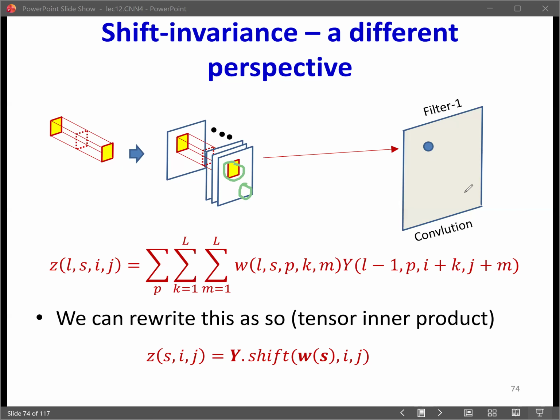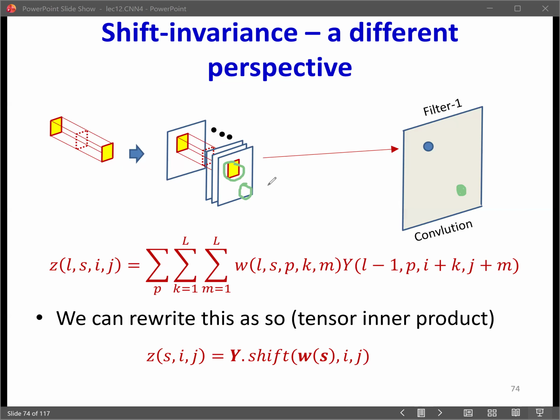That's going to give me these two outputs. So I got shift invariance by shifting the filter. What was scanning? It was just shifting the filter. I got shift invariance by shifting the filter.